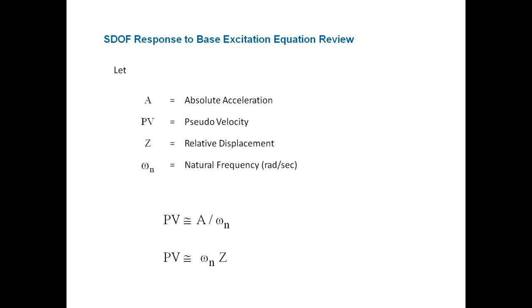Well, pseudo velocity is approximately equal to the acceleration divided by omega sub n. That's one way to calculate pseudo velocity. Another way, which is actually the preferred way, is to say pseudo velocity is approximately equal to omega sub n, the natural frequency in radians per second, times the relative displacement.